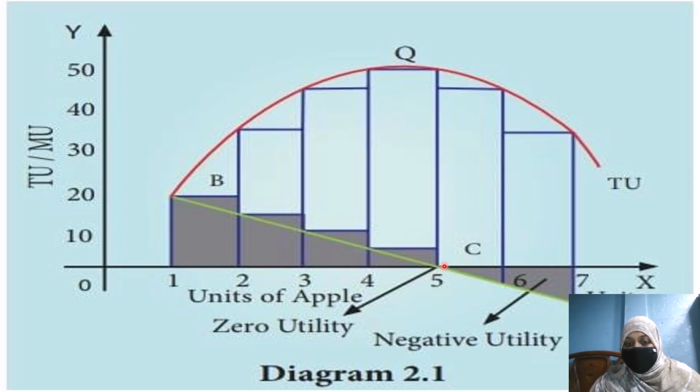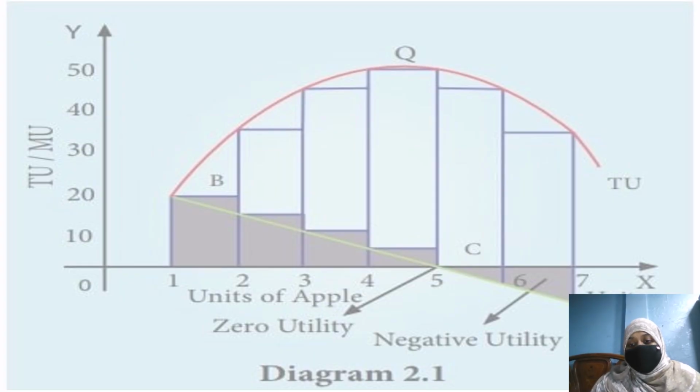That we say is zero utility. He doesn't have any use for that, but he ate it. But if he is given the sixth apple, then it goes to minus 5. Then the seventh apple is minus 10. So it's diminishing. See the yellow line? It is diminishing. This is why we say this is the law of diminishing marginal utility.